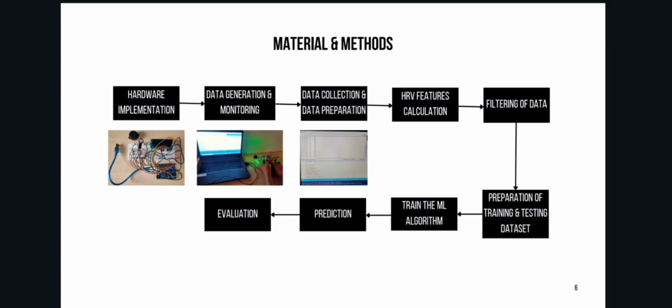After that, all the data have been collected and prepared for the calculation of different HRV features. All the features have been calculated in the Python platform. After filtering and preparation of training and testing dataset, machine learning algorithms have been trained with this dataset. After that, prediction and evaluation have been accomplished.